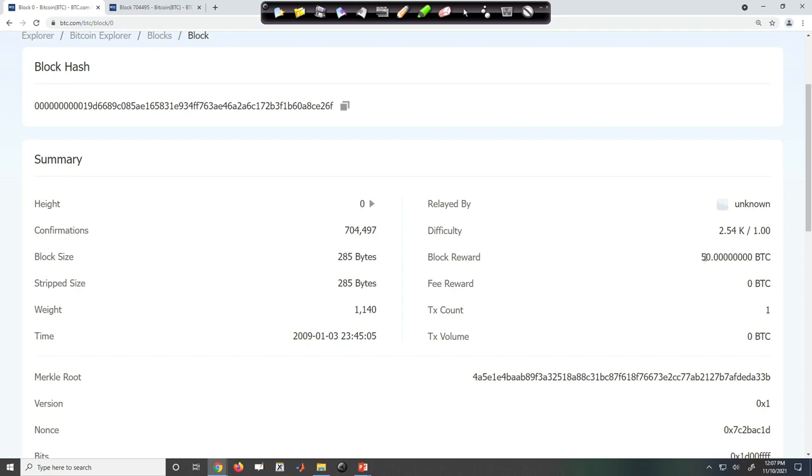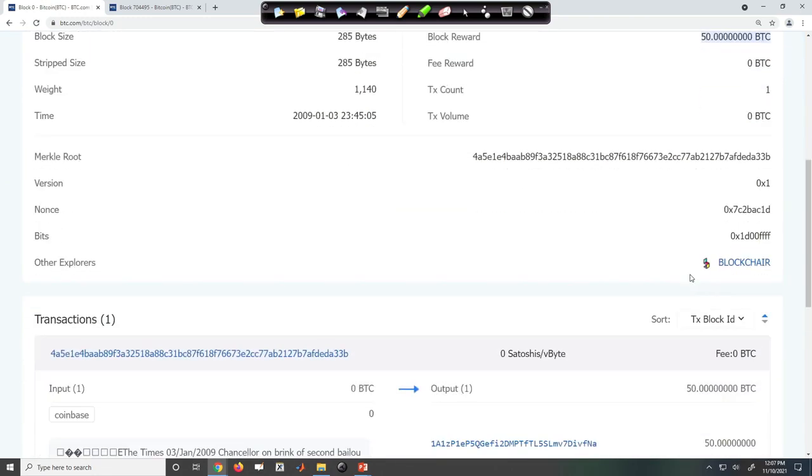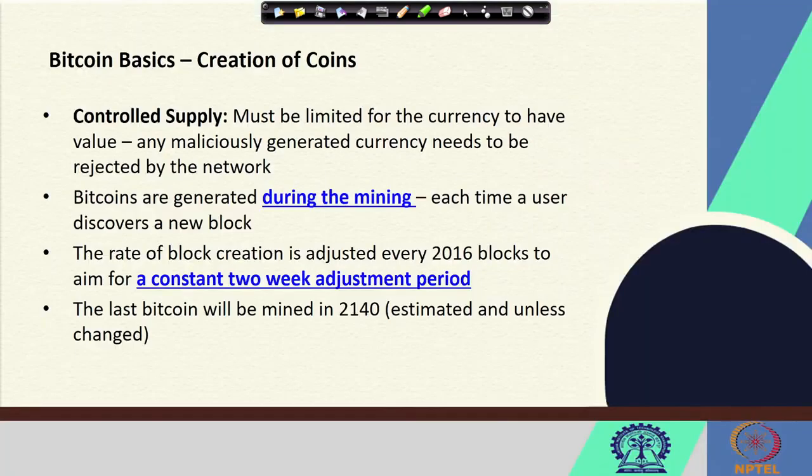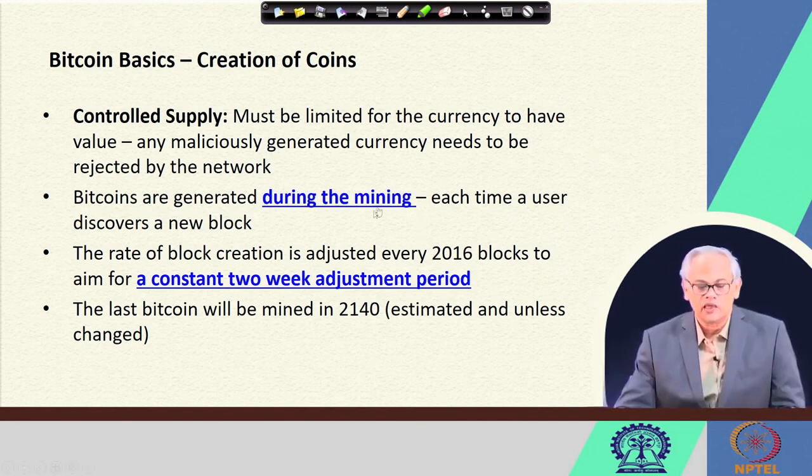It got these 50 Bitcoins, and it transferred these 50 Bitcoins to somebody else, which often is identified with Hal Finney. So, who got these 50 Bitcoins, which was the first and the only transaction in the very first block in the Bitcoin blockchain.